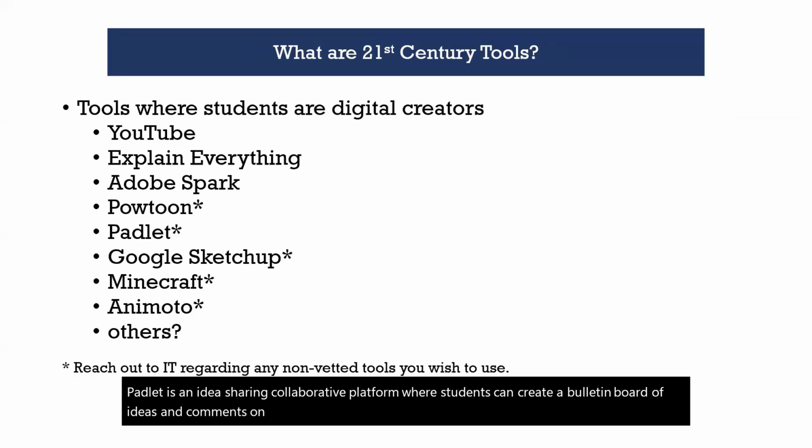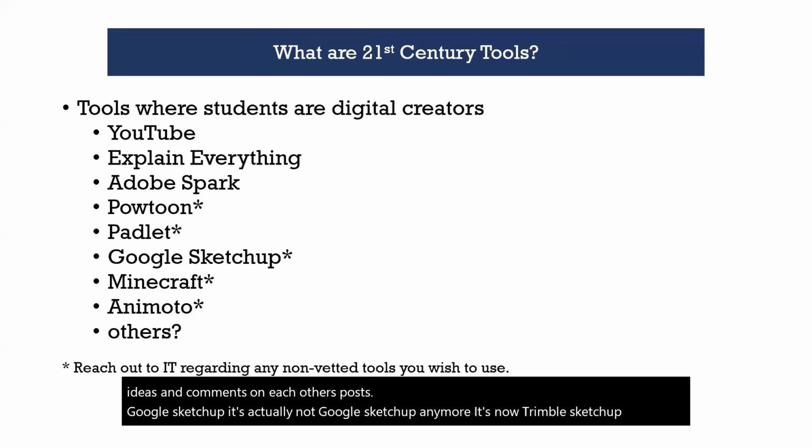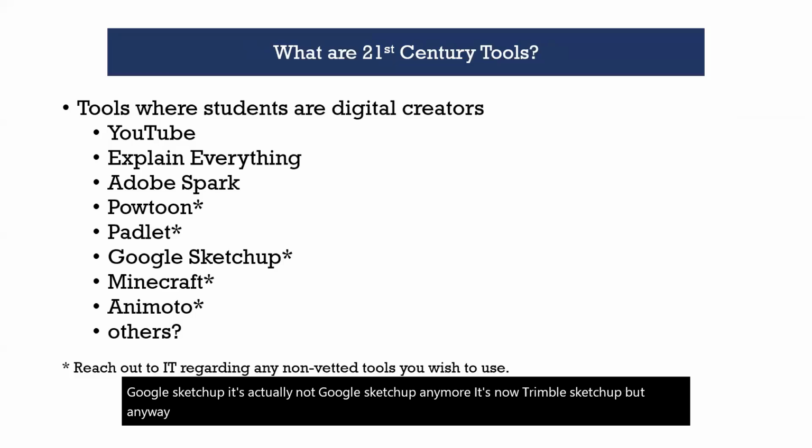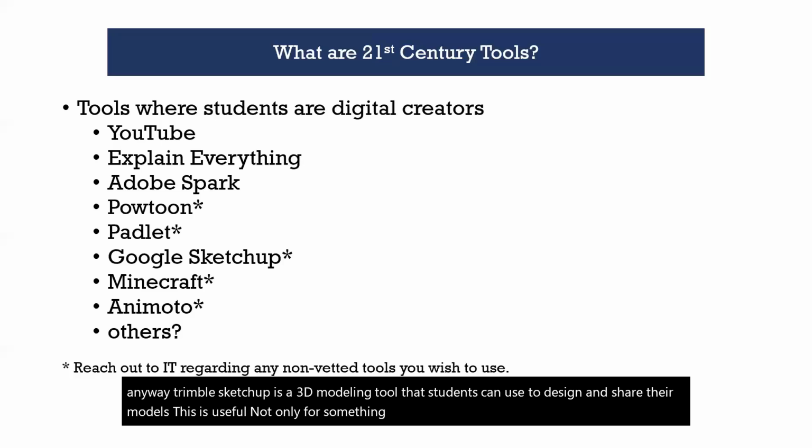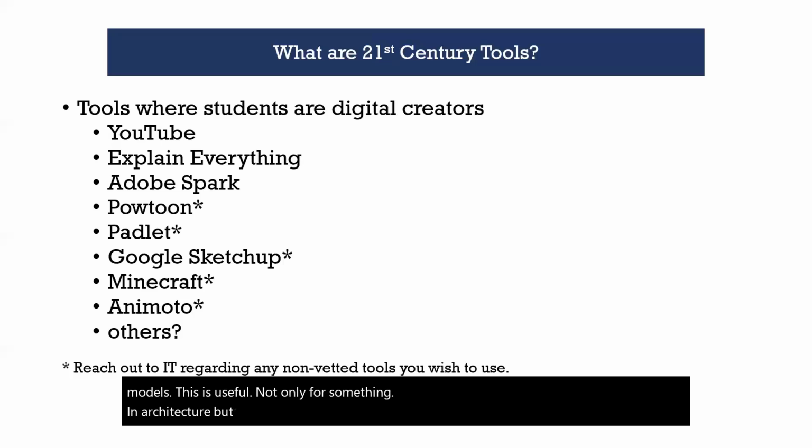Google SketchUp. It's actually not Google SketchUp anymore. It's now Trimble SketchUp. But anyway, Trimble SketchUp is a 3D modeling tool that students can use to design and share their models. This is useful not only for something like architecture, but David, you could have the students design and model a heart or an eye, and talk about how it works and what all the parts are.